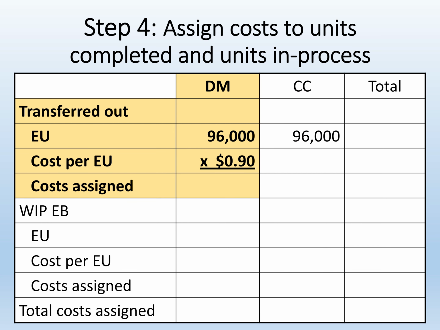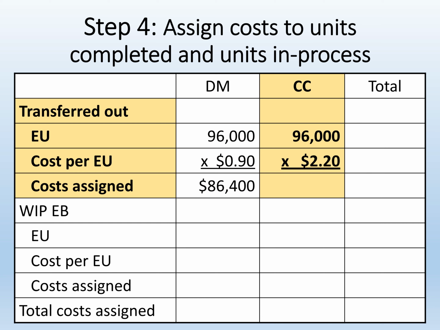We can multiply the equivalent units for materials times the cost per equivalent unit for materials that we figured out in step 3 to find the total direct materials costs that are assigned to the units that got done.